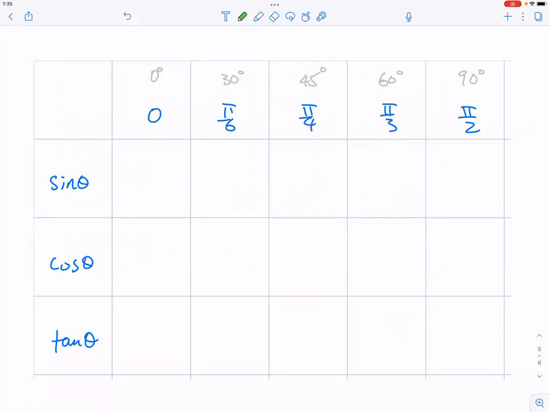Now, I really like this method because I think the unit circle is good in terms of justifying the values. But if you have to memorize the whole thing, it takes a bit of time. I think it's quite hectic, quite demanding to get all these values firmly retained in my head.